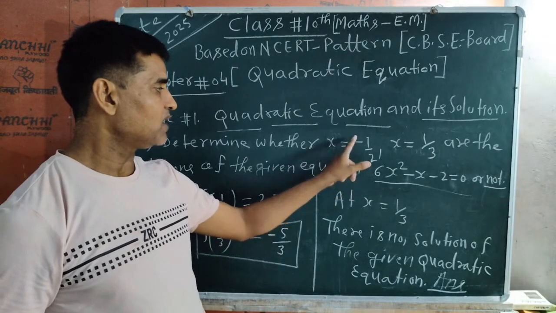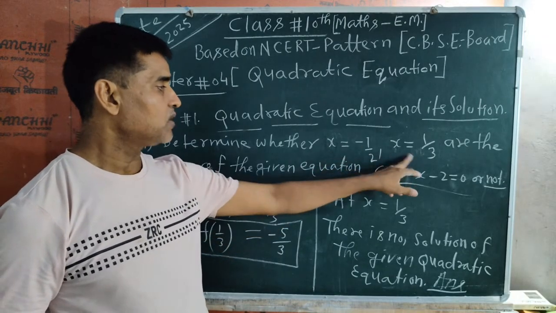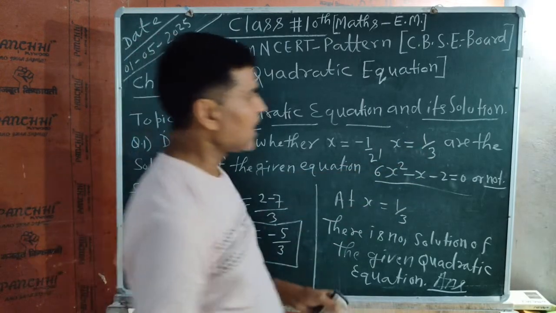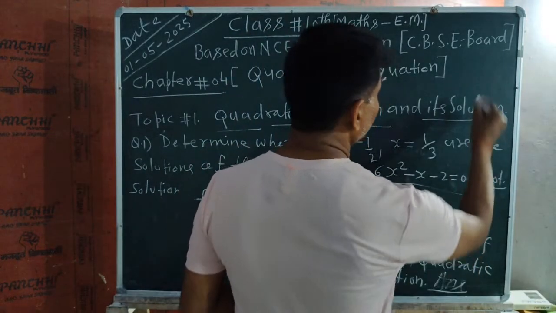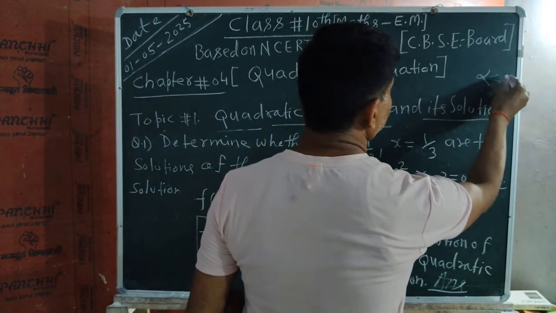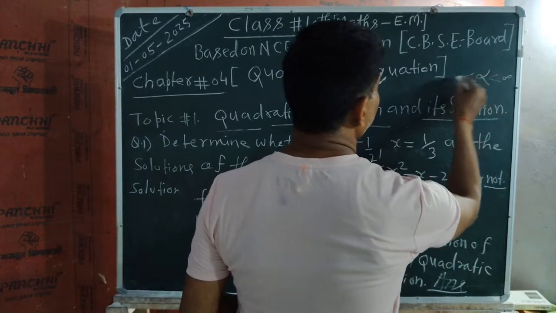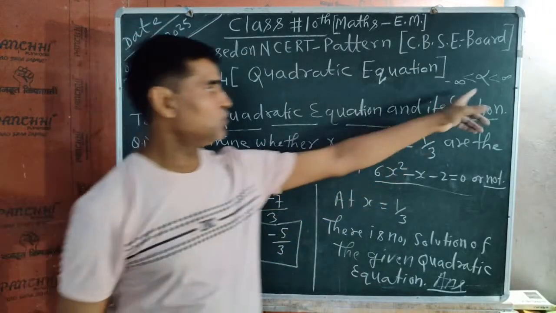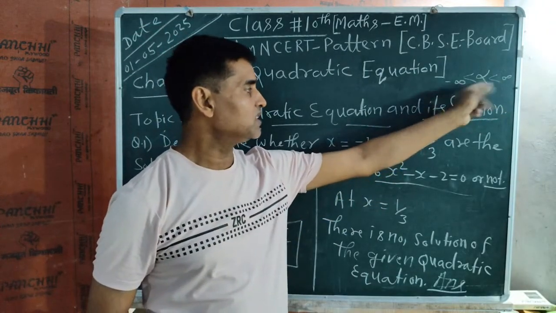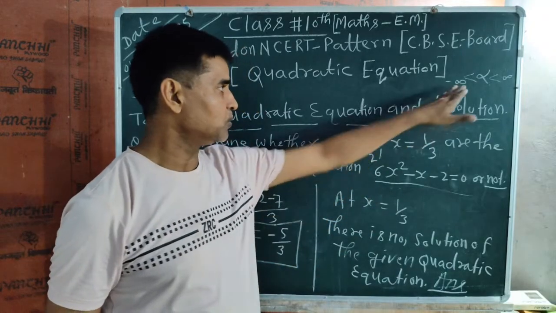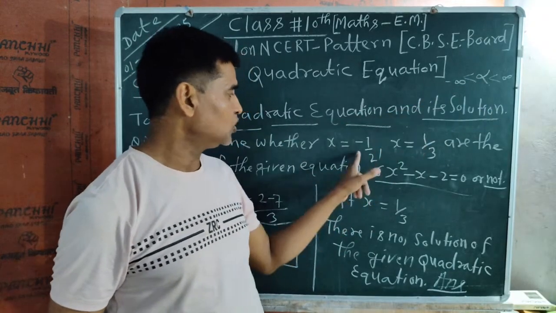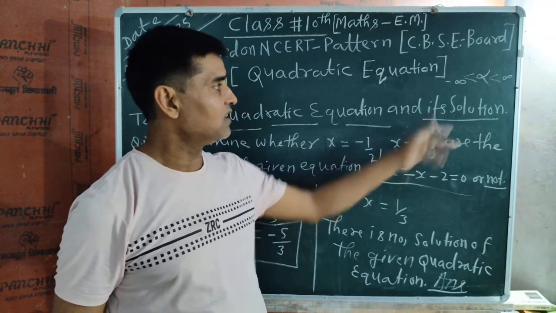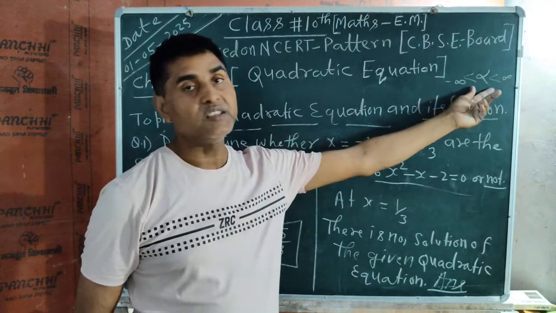Here the value of alpha is given as -1 by 2, and here the value of alpha is also written as 1 by 3, because I have already explained the value of alpha, which has domain from -infinity to +infinity. Okay student, so we have to take real values from -infinity to +infinity. So the values of alpha, -1 by 2 and also 1 by 3, both belong to this domain.